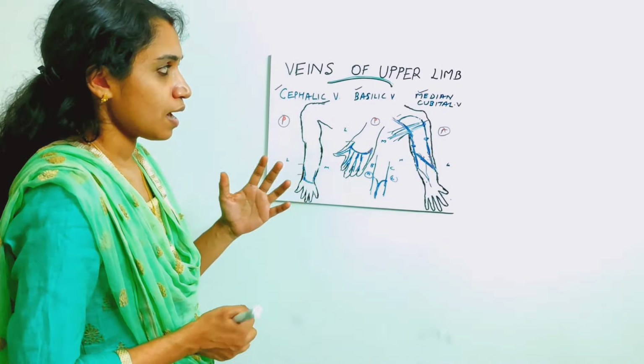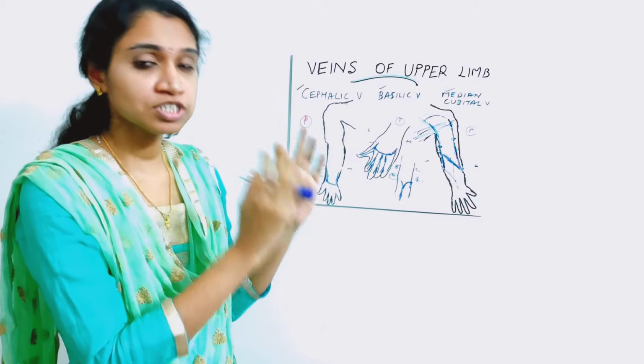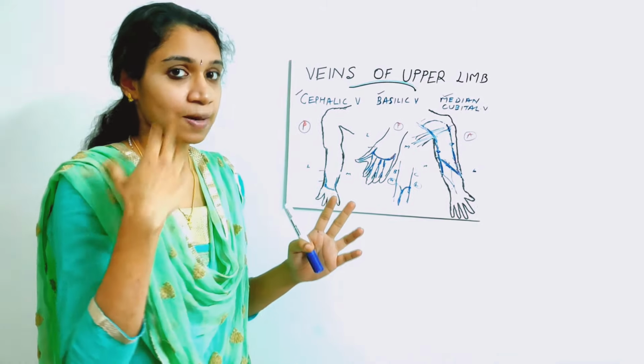Now coming to the applied aspect of axillary vein, one is axillary vein thrombosis. In case of painters, etc., in case of overhead abduction, what happens is that the axillary vein, which is related to the first part of axillary artery, is compressed.